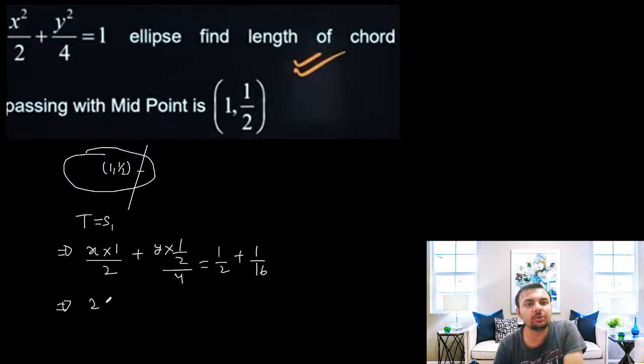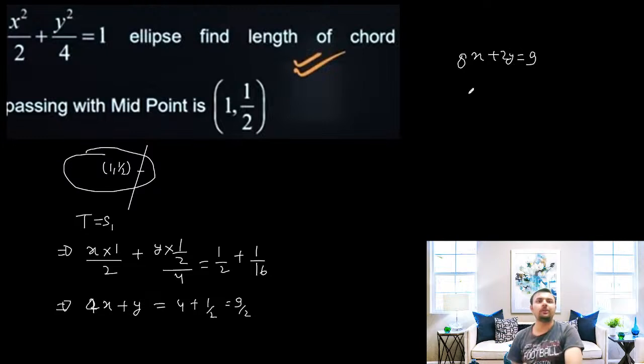It is 2x, it will become 8. So 4x plus y equal to 4 plus 1 by 2, which is 9 by 2. So it is simply 8x plus 2y equal to 9. This is the equation of chord.